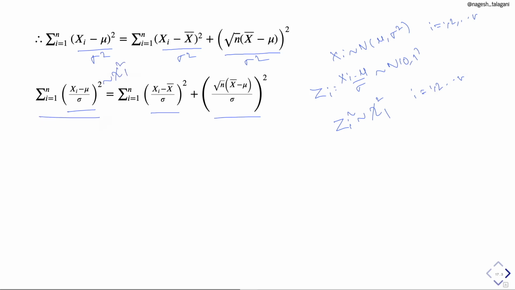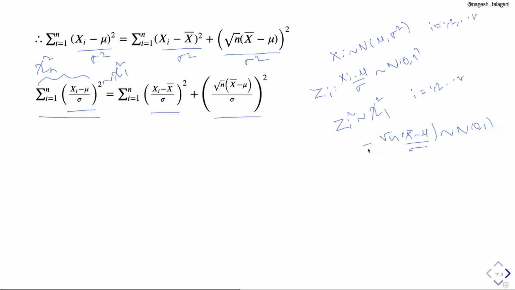So this can be seen as the sum of n independent chi-square random variables with 1 degree of freedom. So this whole sum is going to follow the chi-square distribution with n degrees of freedom. And we also know that root n of x bar minus mu by sigma follows the standard normal distribution, which we have already seen.